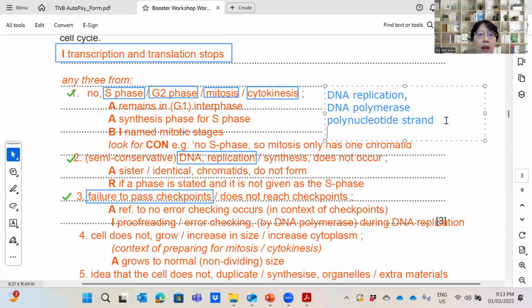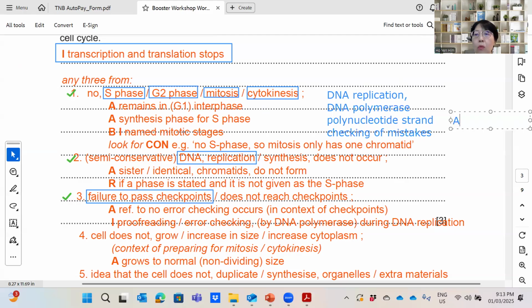After that, there's a checking of mistakes. So there's another enzyme that will come and move along this new polynucleotide strand to check whether there's a mistake, that means they added a wrong base. So instead of adding A, it was supposed to add A, but DNA polymerase added, let's say, a G, then it will check, oh, there's a mistake here, then it will remove the G and replace it with an A. So this is called checking of mistakes.